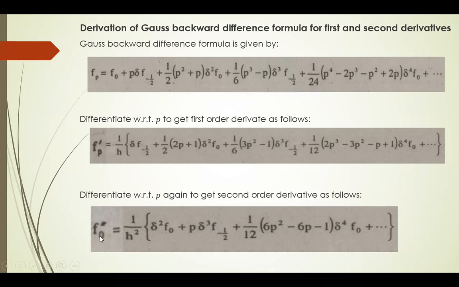This is f double prime p, so just remember this is p, so that is also p, this is p actually, so that is the second derivative, and this is the first derivative.